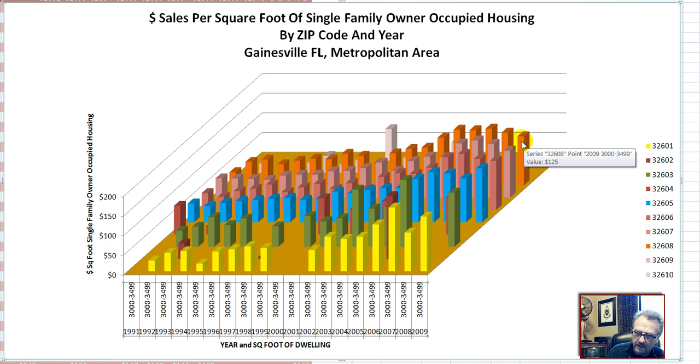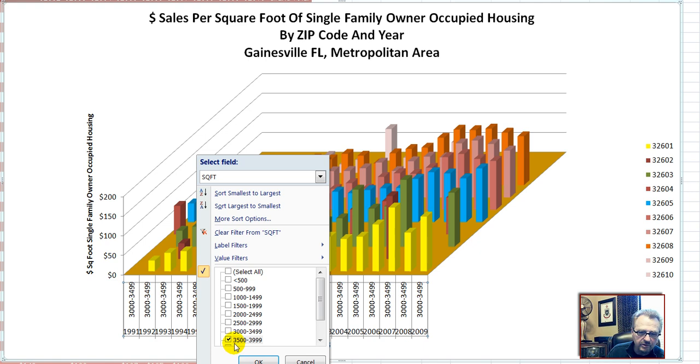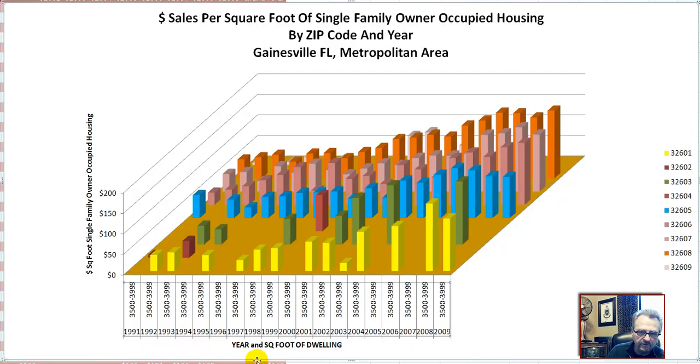Now that's not an indication that it's going to perform better in the future. It may well be that zip code 32605 does that, but just looking at past data, 32608 has been the best performer in terms of single-family dwelling prices per square foot for houses in the 3,000 to 3,500 square foot category, and now even larger, 3,500 to 4,000 square feet.